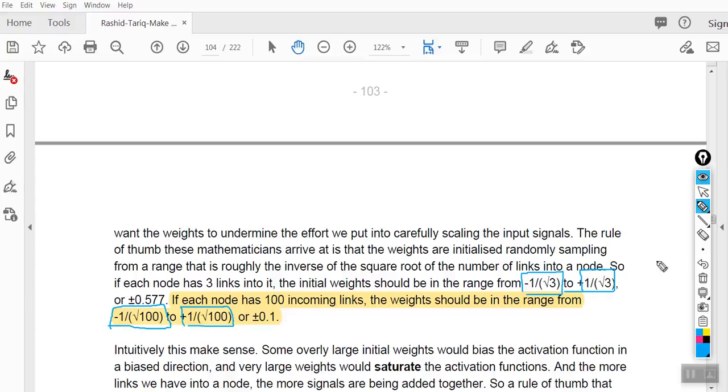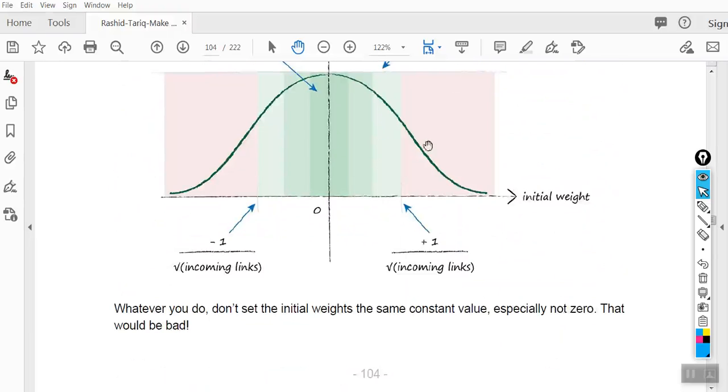Why? Because we want the summation of all weights to be equal to 1. Because of this, we divide the weights into this range and distribute the initial weights according to the number of nodes, defined according to this equation. Okay.